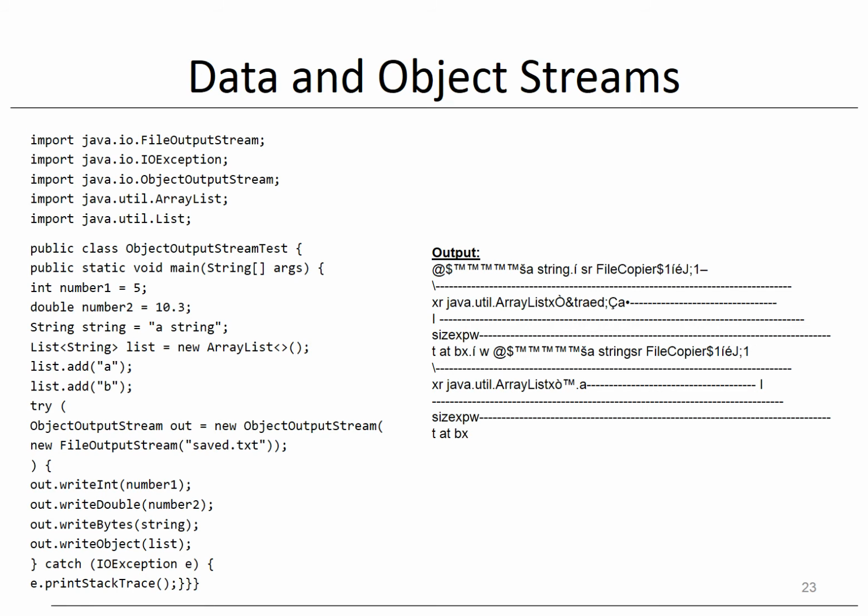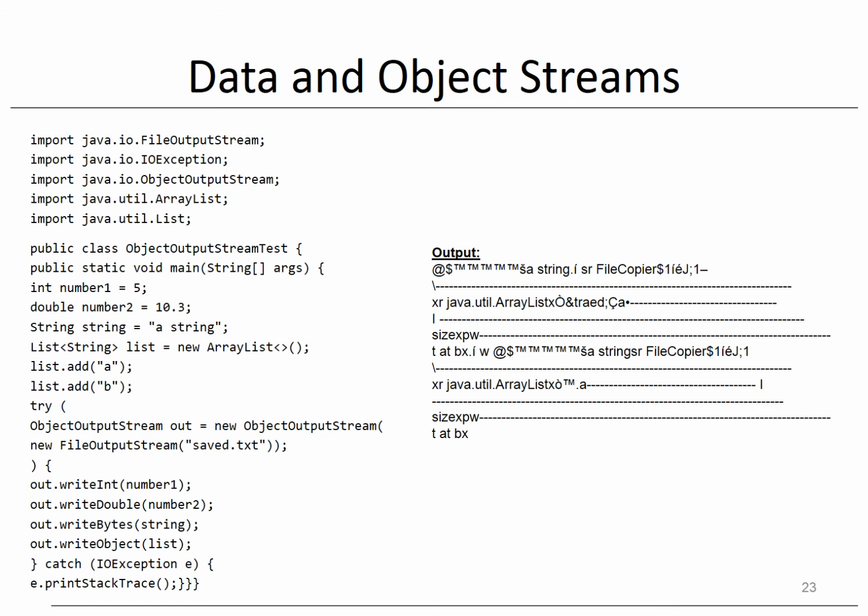The ObjectOutputStream class is created as a wrapper around a normal FileOutputStream. Next, ObjectOutputStream exposes a number of methods such as writeInt, writeDouble, and so on to write data to the stream.